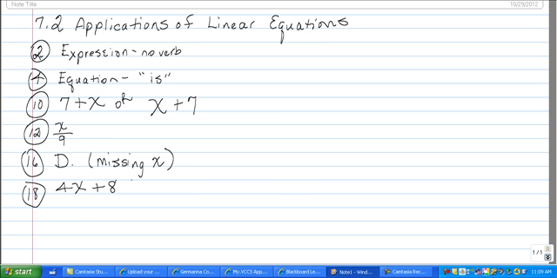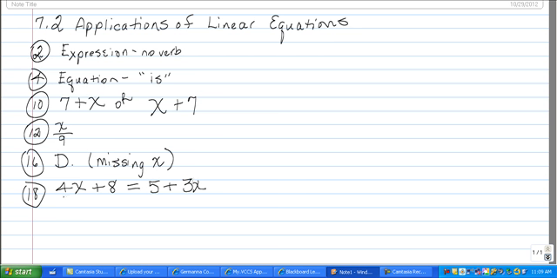The result is equal, so is equal to 5 more than, whoops, I got on the wrong, the result is 3 times the number added to 5. 3 times the number added to 5, okay.